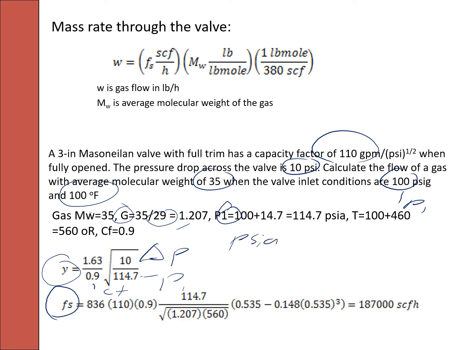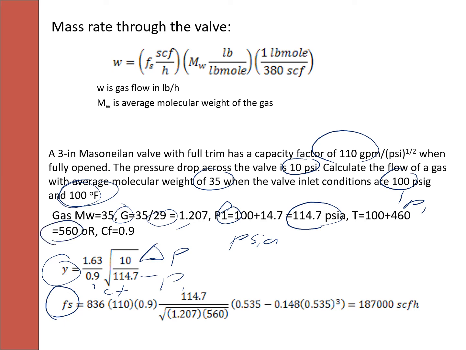So you need to add 14.7 to get the psia. For the temperature, because you need to use the Rankine unit, from 100 Fahrenheit you need to change to Rankine, which is adding 460. You get this one.